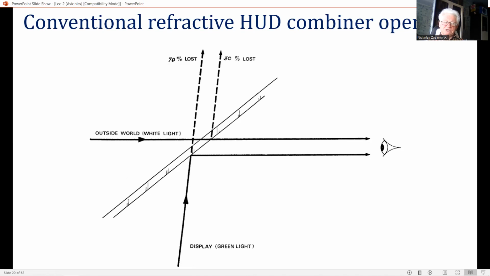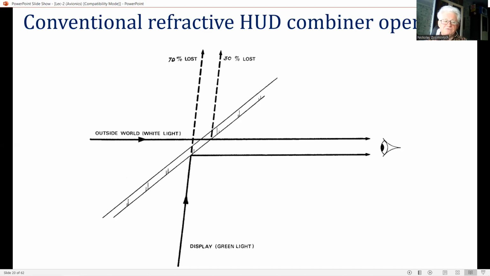The situation is shown in this figure and is essentially a rather lossy system, with 30% of the real world brightness thrown away, equivalent to wearing sunglasses, as is 70% of the CRT display's brightness.